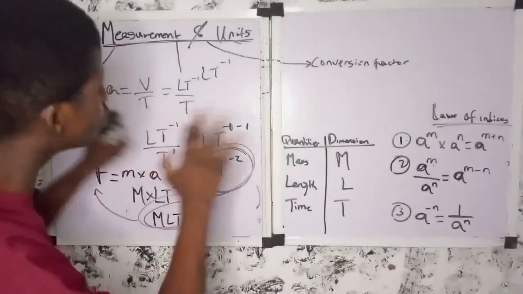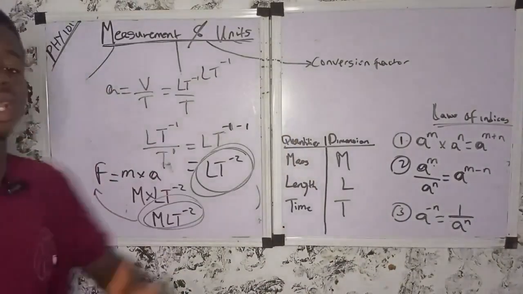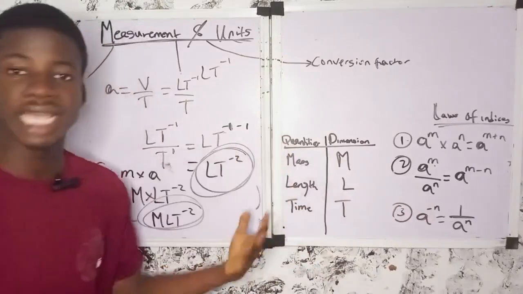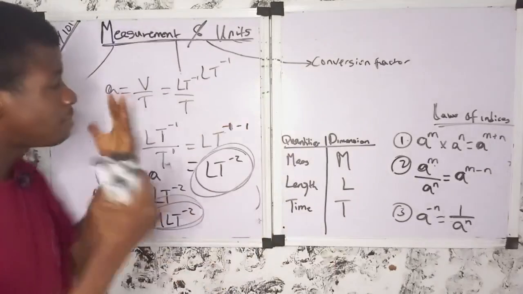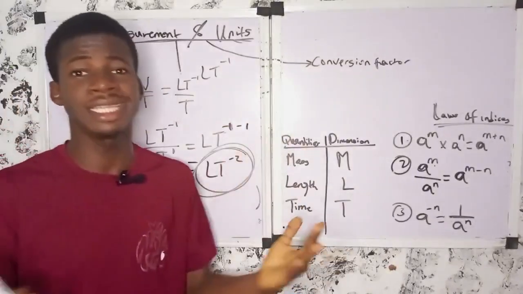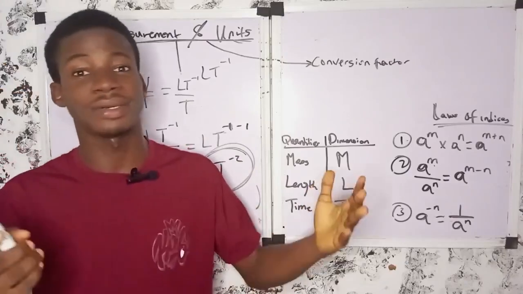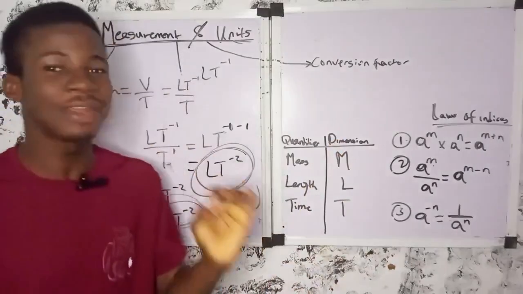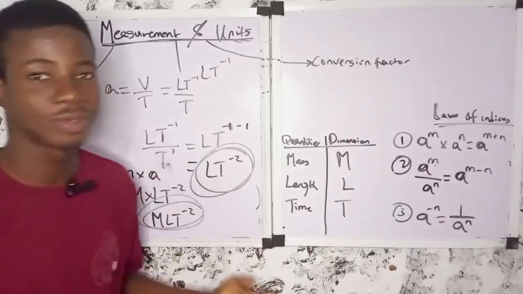So in summary of everything you have been doing, I talked about physical quantity, that there are two types: fundamental quantity and derived quantity. Please, in unit, let me be specific: in a 100-level exam, they will hardly ask you definitions.